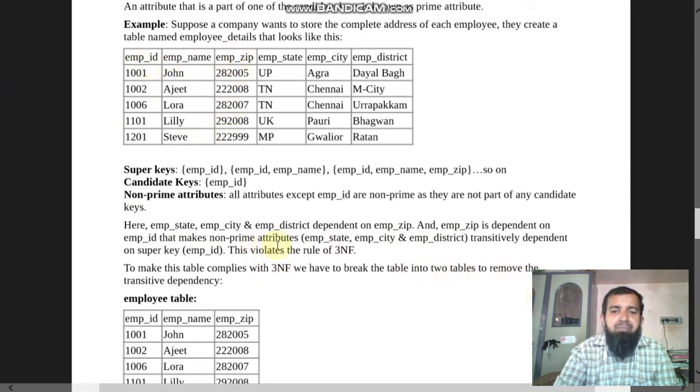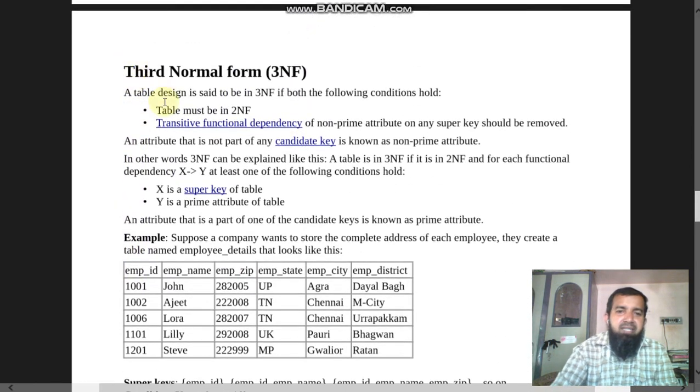That makes the non-prime attributes employee state, employee city, and employee district transitively dependent on the super key employee ID. This violates the rule of 3NF. The rule says transitive functional dependency of non-prime attributes on any super key should be removed.